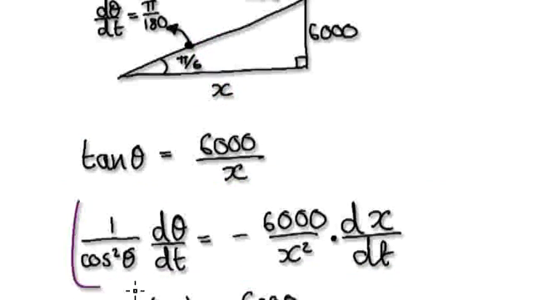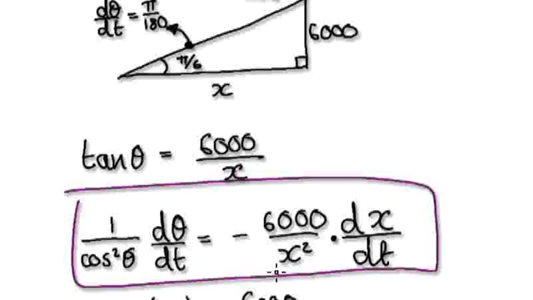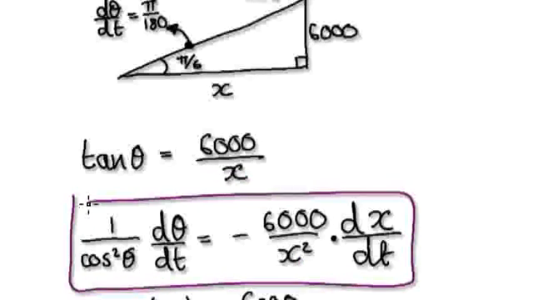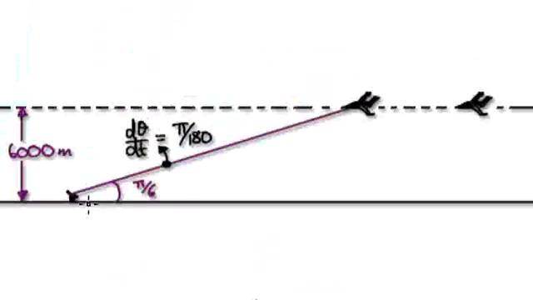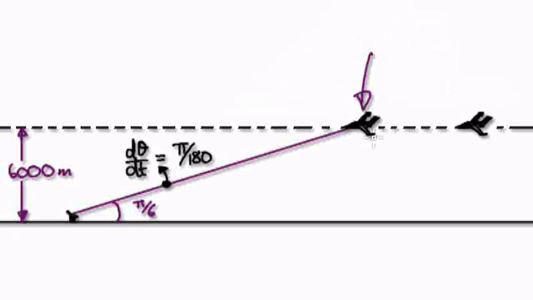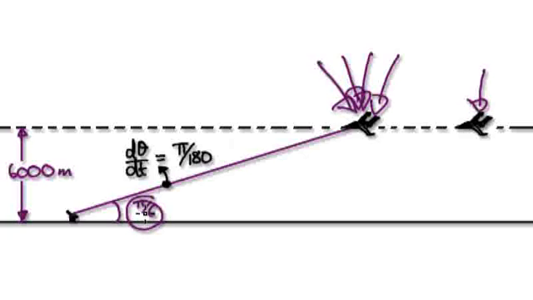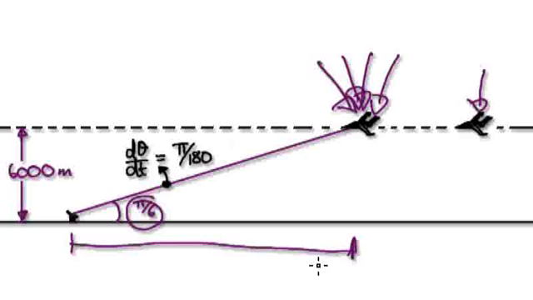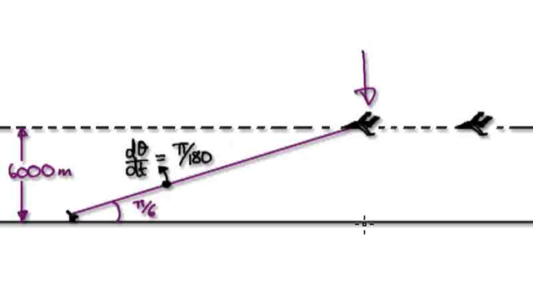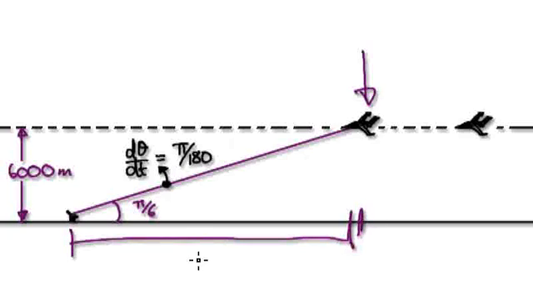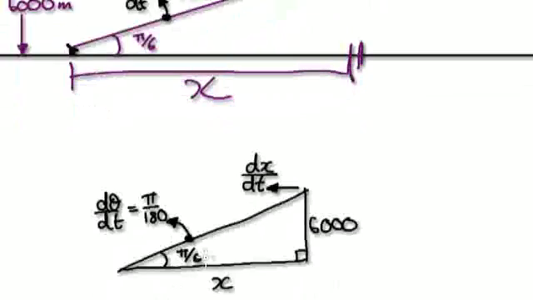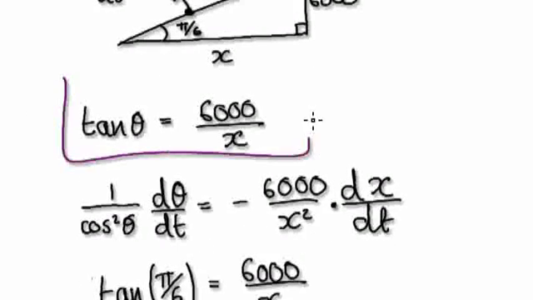Okay. So when you are here, you need to know x at this precise moment in time, when the angle here will be pi over 6. So it is tan theta that connects everything.